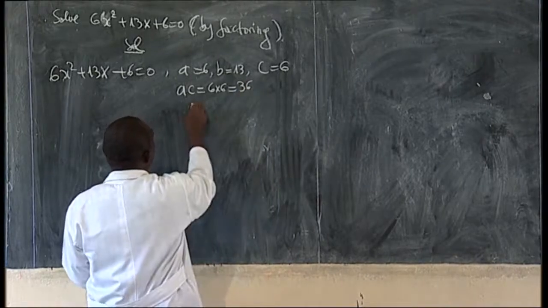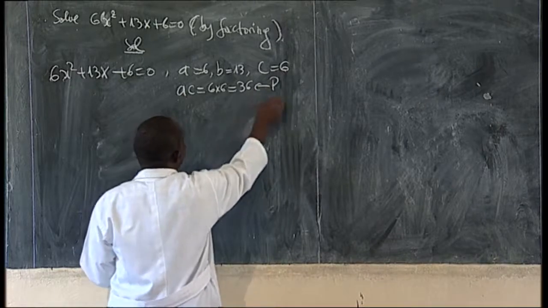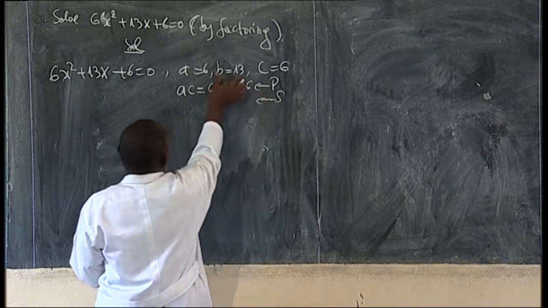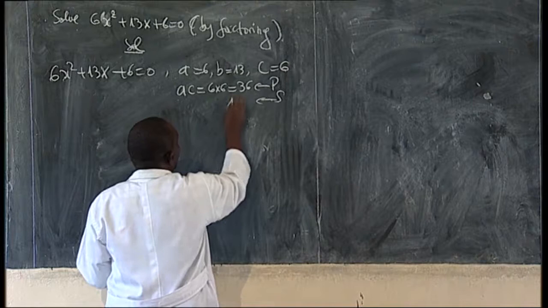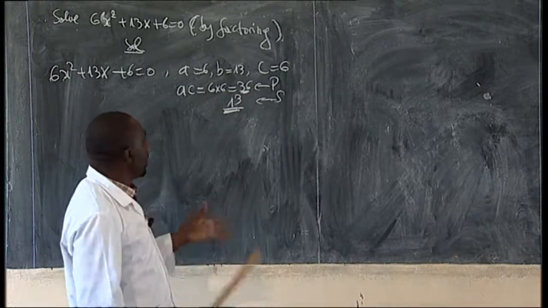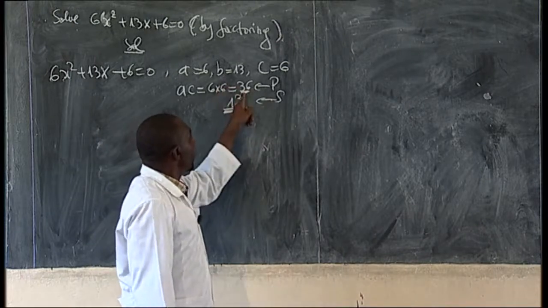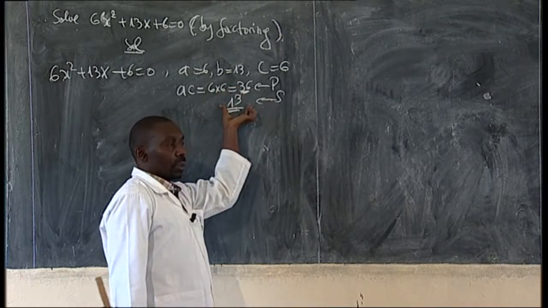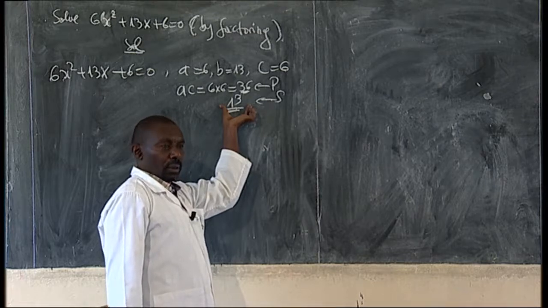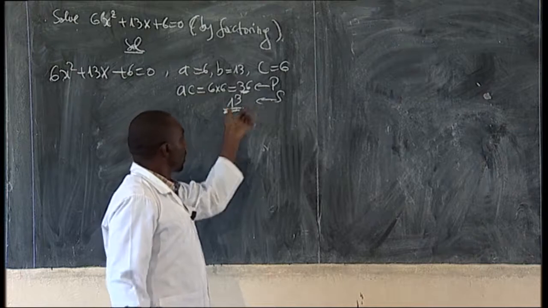And of course, this is the product, and the sum is b, 13. It means that we need to find the two numbers whose product is 36 and the sum is 13. I hope it is very simple to get those numbers, isn't it?